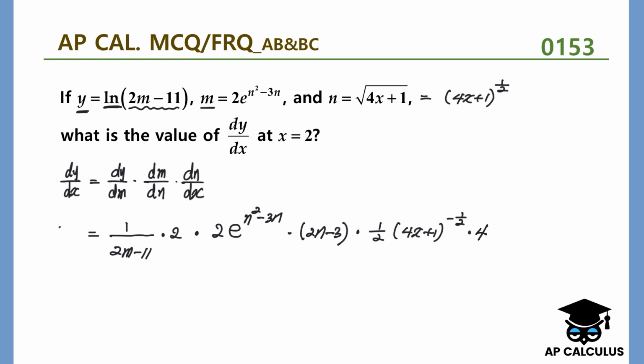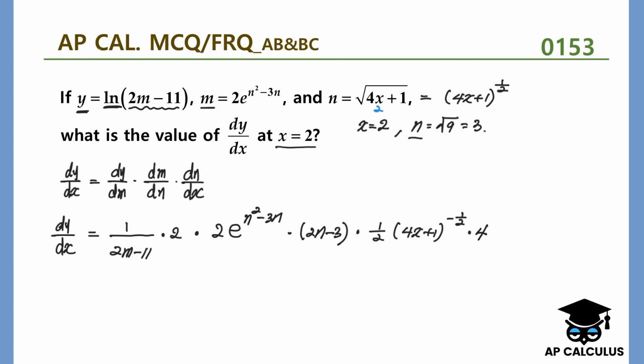So that's dy over dx, and we're going to have to find dy over dx when x is equal to 2, right? So when x is equal to 2, what is the value of n? If we substitute 2 here, that's the square root of 8 plus 1, 9, right? So the square root of 9, that's 3.